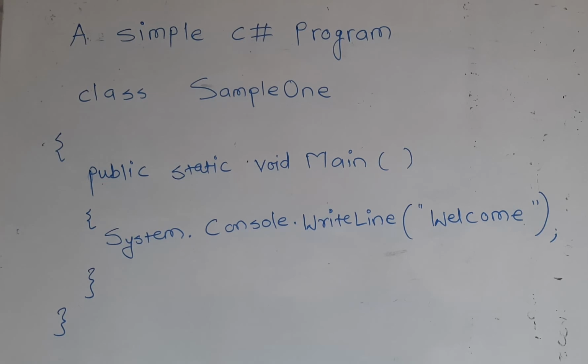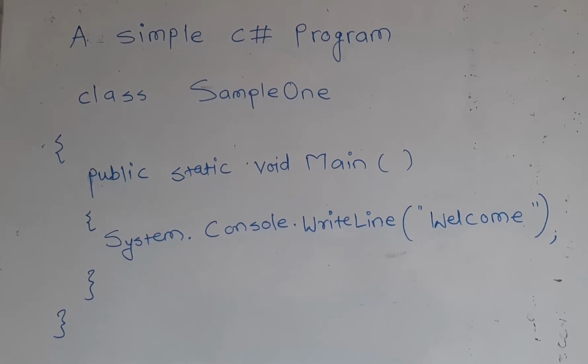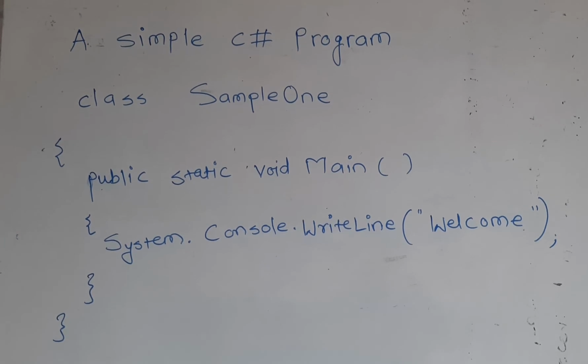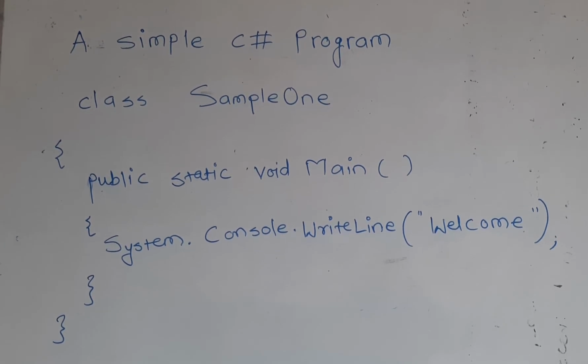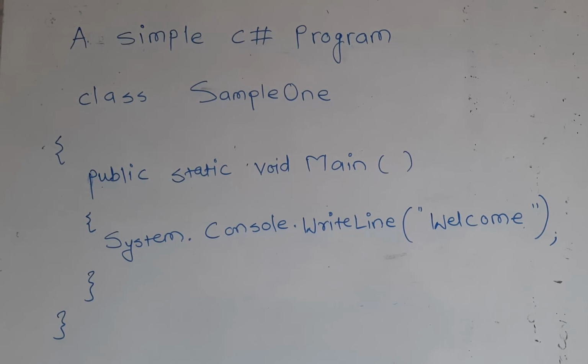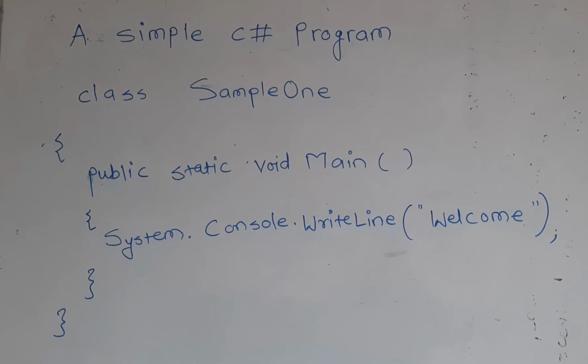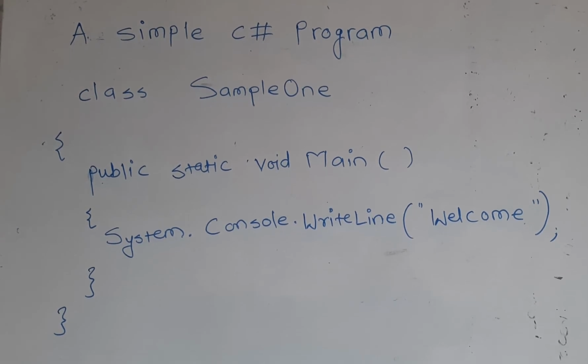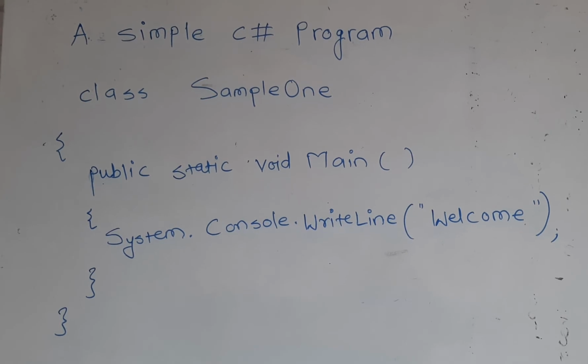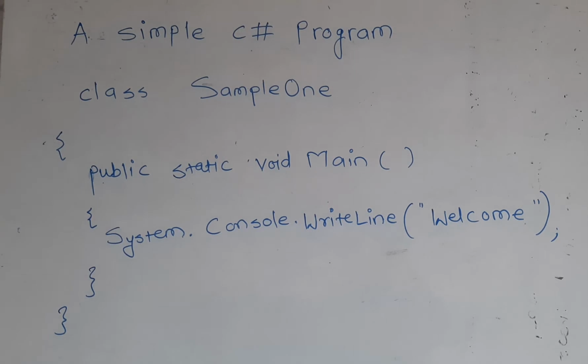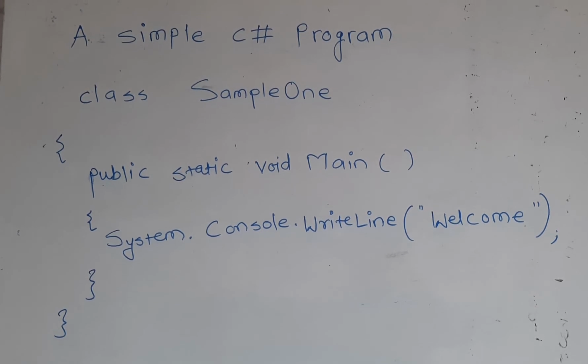And the void keyword indicates that the Main method does not return any value to the operating system after execution of the Main method. The special thing in C# programming is that the first letter of the Main function is capital. Generally in C, C++ and Java also, we write the first letter of the main method small, but in C# we write the first letter of Main in capital.